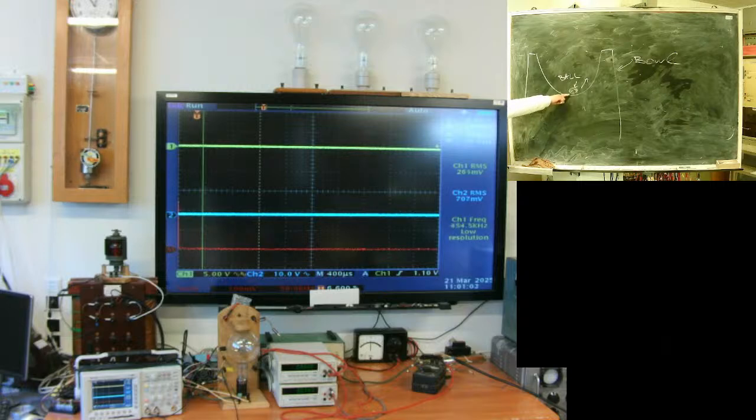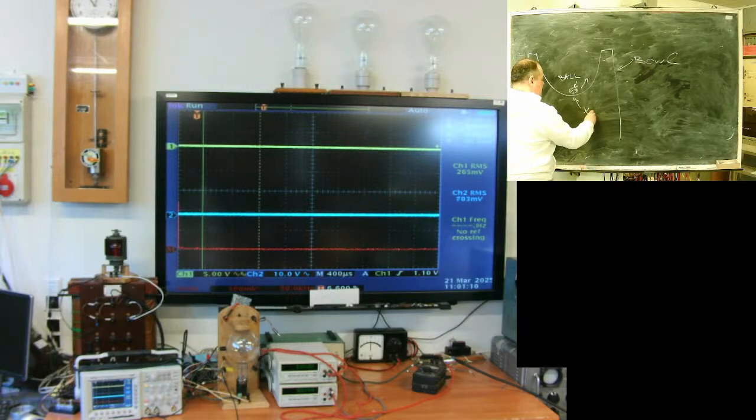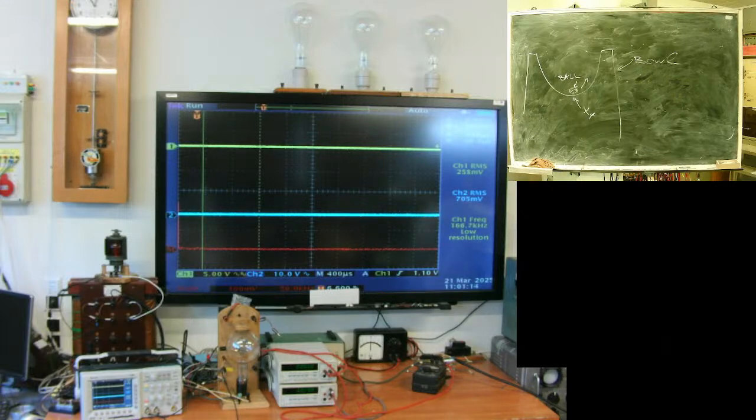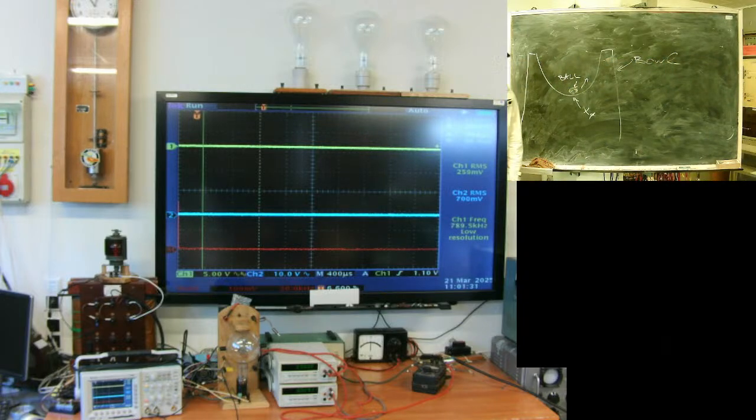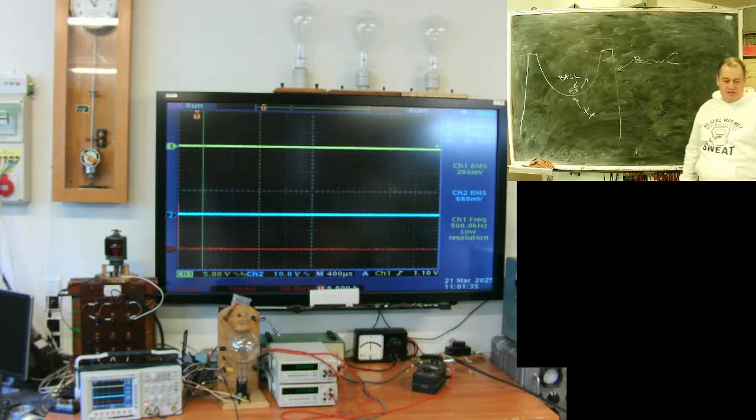Anyway, my ball will return to its initial state, let's say x0. This is a stable system. I can push it, but it comes back. It's a ball in the bowl.